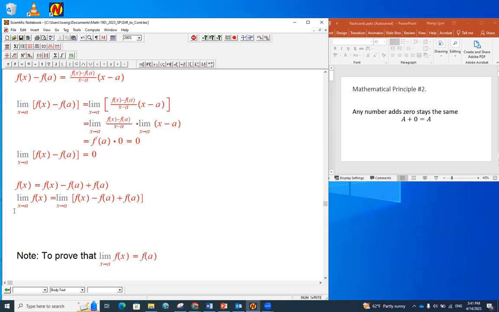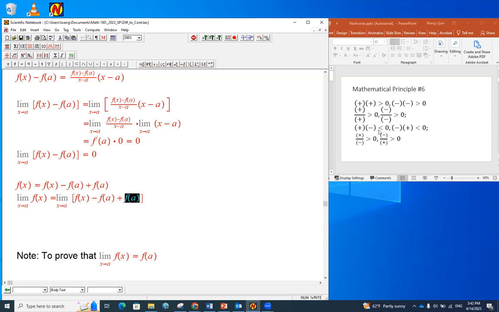Now, the limit of f of x when x approaches A is equal to the limit of this bracket. Inside the bracket, we see two pieces, this piece and that piece. F of A is a constant. And this piece has a limit. A constant has a limit.